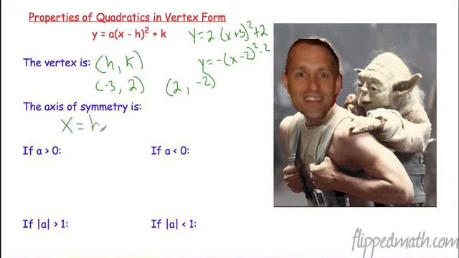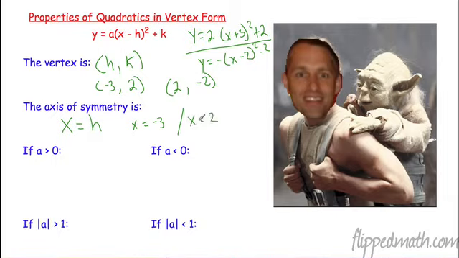In this case, x equals h. So for the first one, our axis of symmetry would be x equals, now be careful, it's opposite, so negative 3. In the second example, the opposite of negative 2 is 2, so x would equal 2.